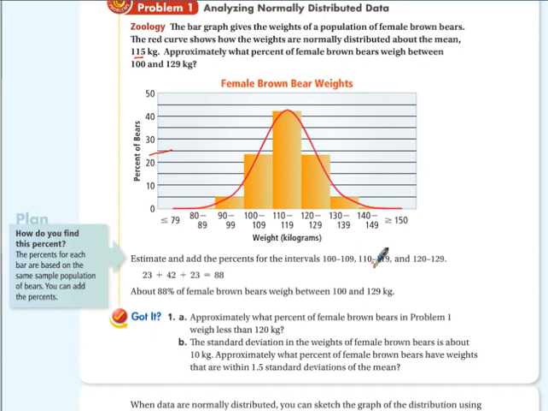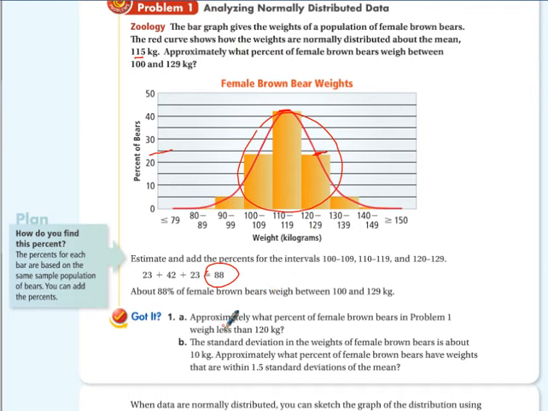We look at 110 to 119, that's up here at 42, and then this one again at 23. So about 88% of female brown bears weigh between 100 and 129 kilograms. So this whole big chunk is about 88%. That's it. Not real complicated.